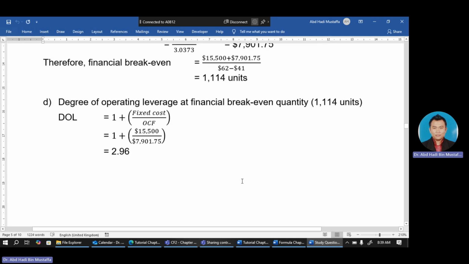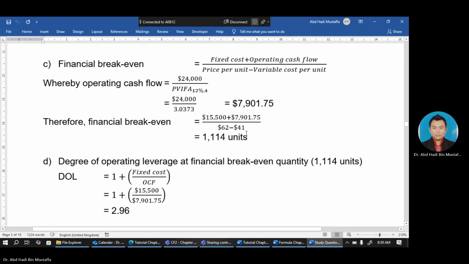It's simple and straightforward. Because they ask at financial break-even quantity, it is related to OCF. It is not related to accounting or cash break-even because those do not have OCF.